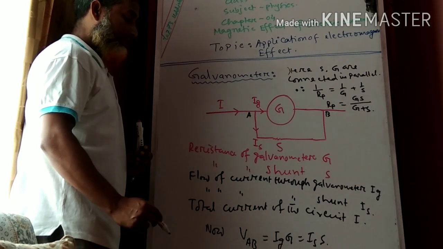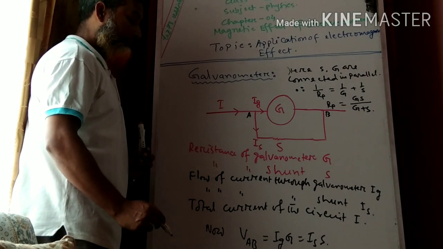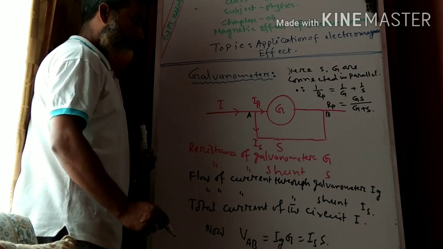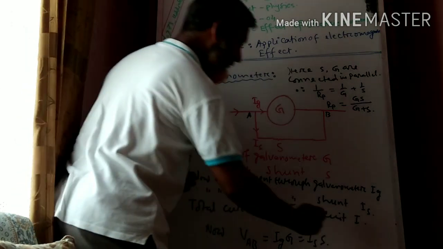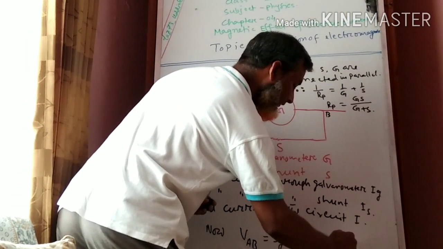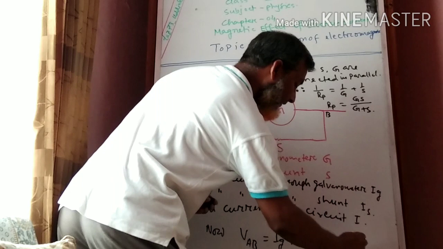I think you got the point. Is into S equals I into Rp.